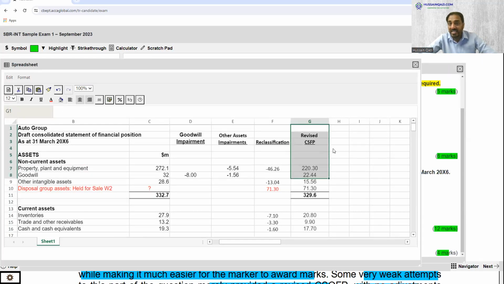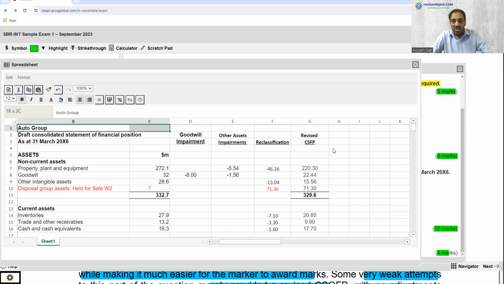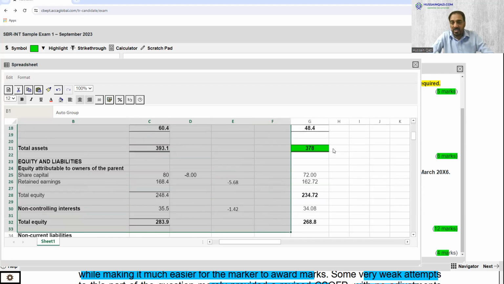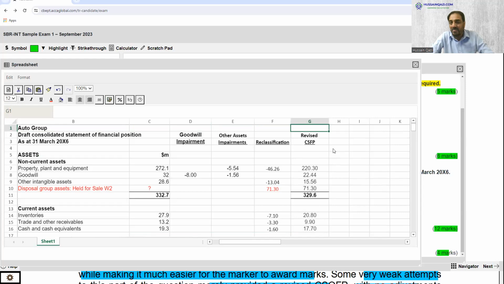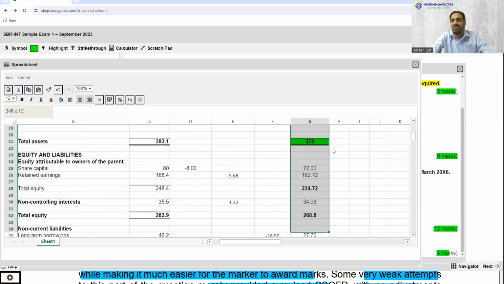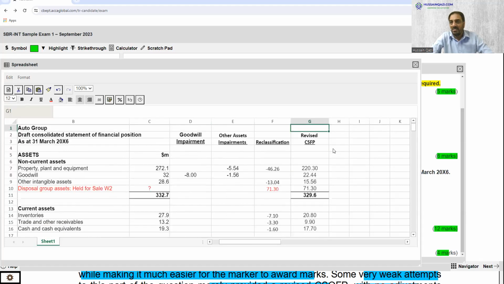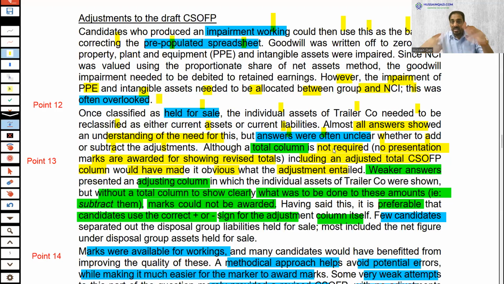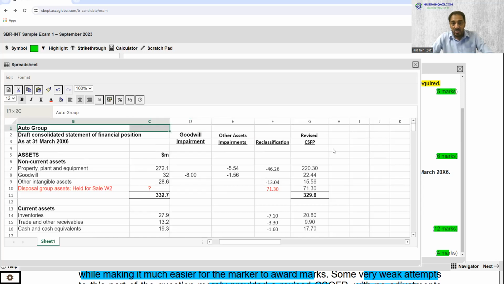If, for example, you have 17 minutes to attempt this question, and by the end of 15 minutes you have done all the things, then I can say that the remaining 2 minutes you can invest for this column. But this column has no marks allocated. It's mentioned by the examiner. What if you completed your question by 17 minutes and you haven't made the revised column?